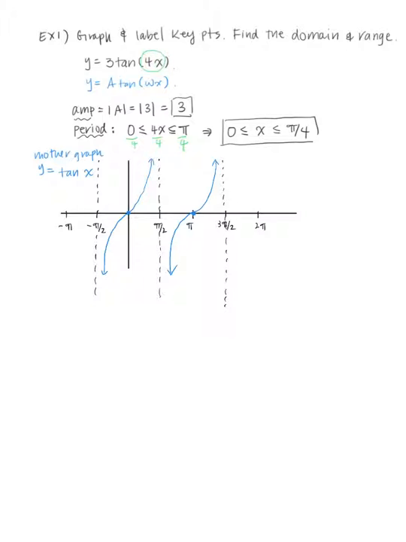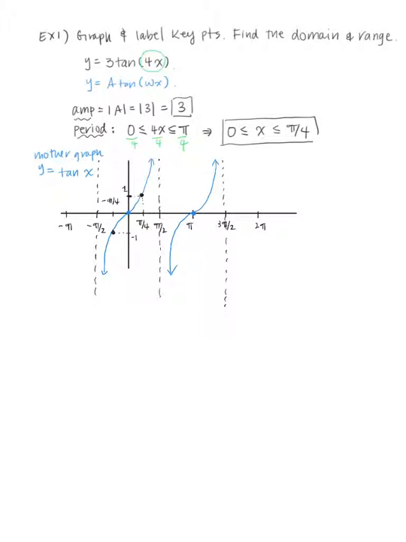Okay, so now you're gonna have to label the key points. Now the key points are going to be pi over 4 and negative pi over 4. Okay, at pi over 4, this value right here is going to be 1, and at negative pi over 4 it's negative 1. I'm kind of running out of room here, so let me just jot down the key points, and I will write them in red.